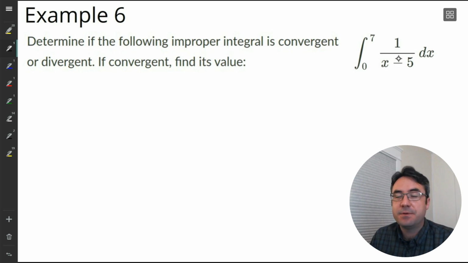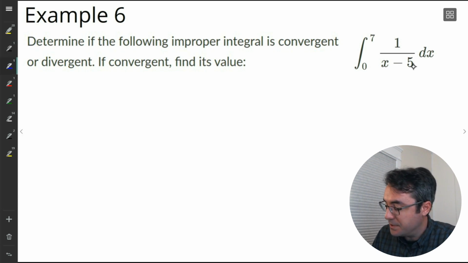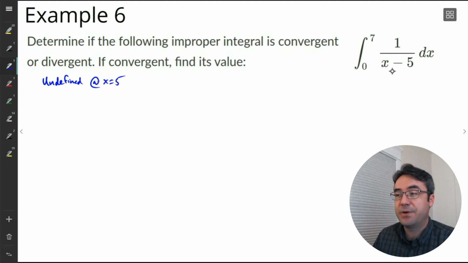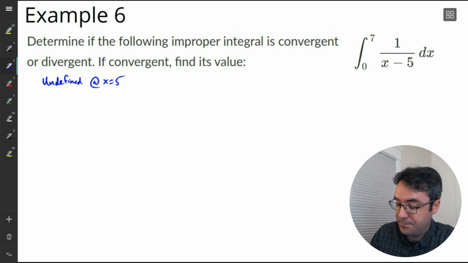So if we see a fraction, your eyes should immediately go to that denominator and figure out where it's equal to 0. What we see here is this function is undefined at x equals 5. That's where I would have division by 0. And x equals 5 is inside that interval from 0 to 7.